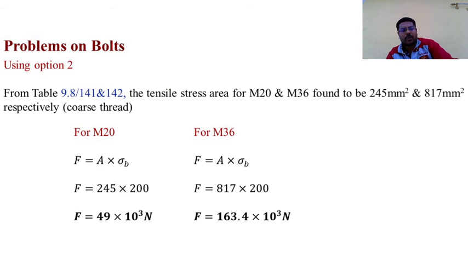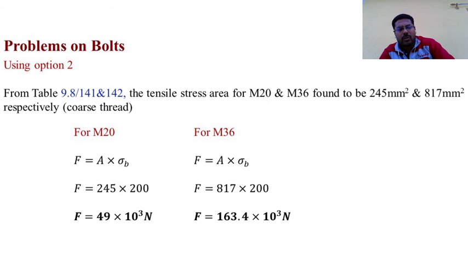Using option number 2, from the table 9.8, 141 and 142 page numbers from the data handbook, the tensile stress area of M20 and M36 is found to be 245 mm square and 817 mm square respectively. So we already know these areas.